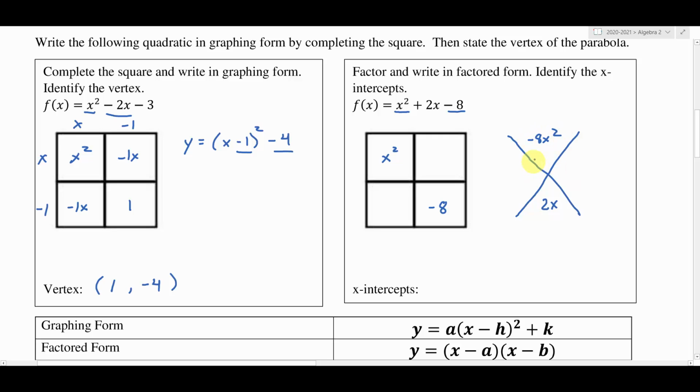So I'm looking for two numbers that will multiply to -8 and add to give me a +2. So you might need to think about those numbers for a minute. You might even need to do a little bit of trial and error to see if they work, but here are the correct numbers.